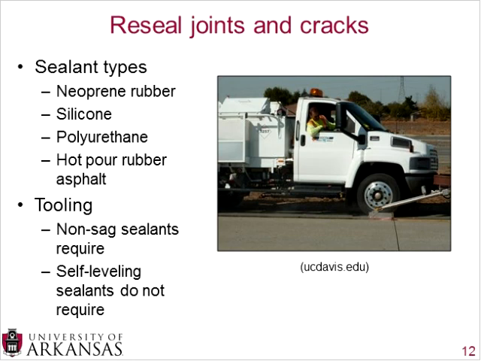Whereas hot pour rubber asphalt is a self-leveling type sealant. When you pour it into the crack, it will naturally flow and push itself to the sides of that crack and adhere. And there's pros and cons with tooling versus non-tooling sealants, but that's just something to be aware of when you're starting to think about your joints and cracks and how to reseal those.